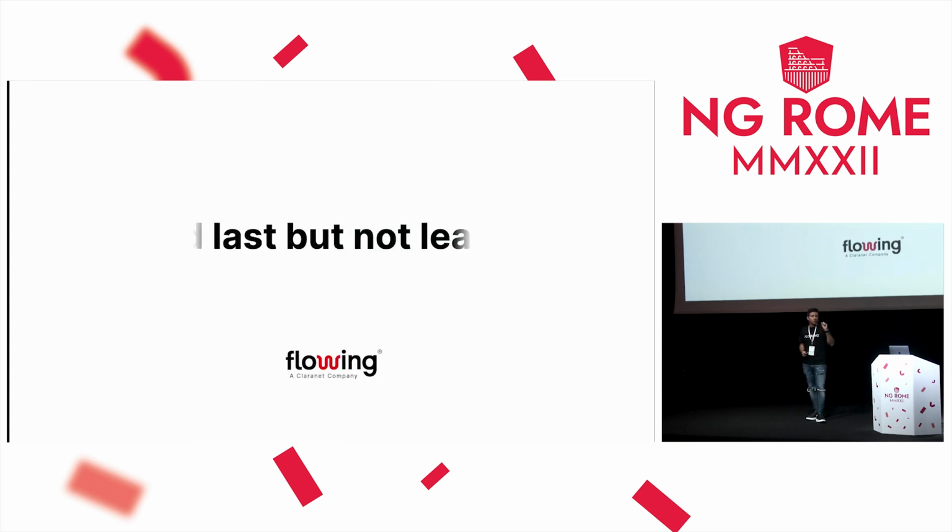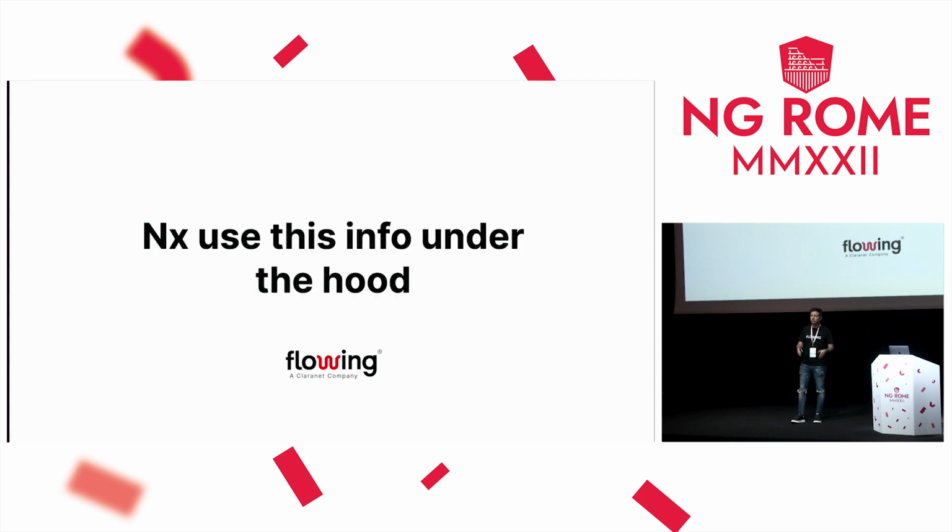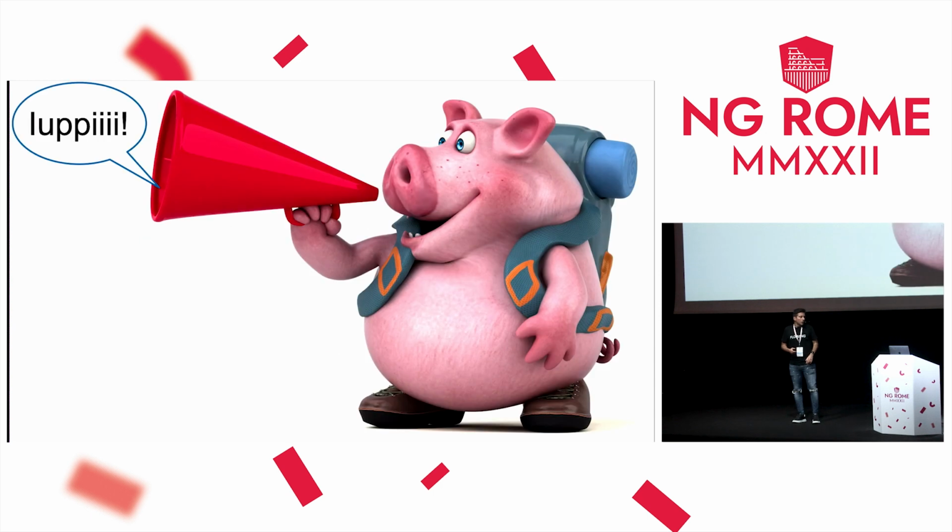But last but not least, NX uses this info to improve the build, the testing, and the lint, and something else if you want. So NX is able to use this information to rebuild only the changed library or application. So you can prevent a waste of time, and you can rebuild or retest only the changed code. Now probably the mood of Carbo has changed.